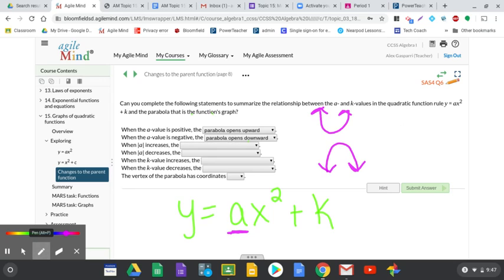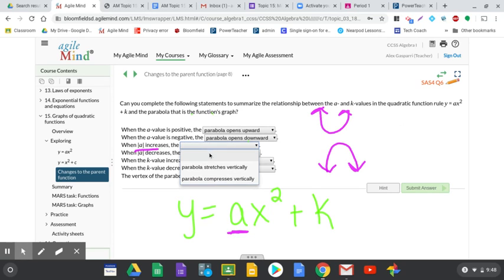The next two are talking about the absolute value of a. So as the absolute value of a increases, right? So instead of being 1, what happens if we increase it to 2 or 3 or 4? Our parabola is going to stretch, right? It gets narrower, it gets skinnier.